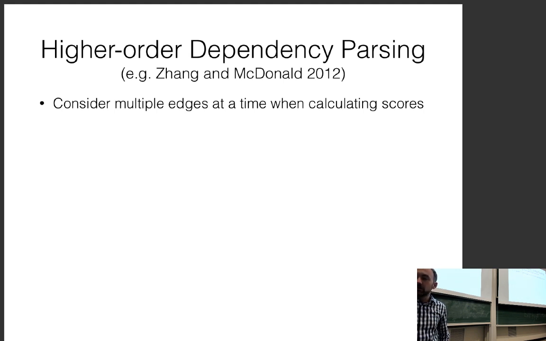One important thing to know is that there are also higher order dependency parsing methods. Higher order dependency parsing methods are essentially methods that don't make an independence assumption on the score of the edges when you're calculating the scores of the edges. So they consider multiple edges at the same time.